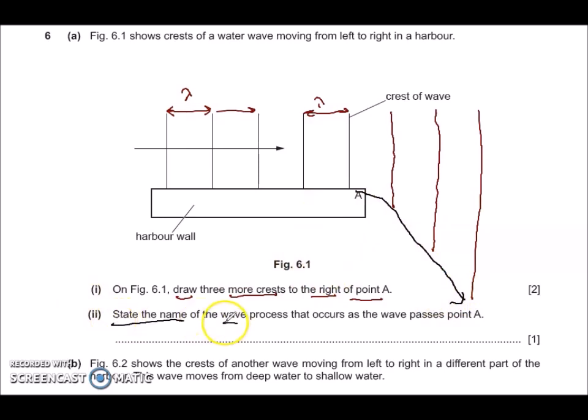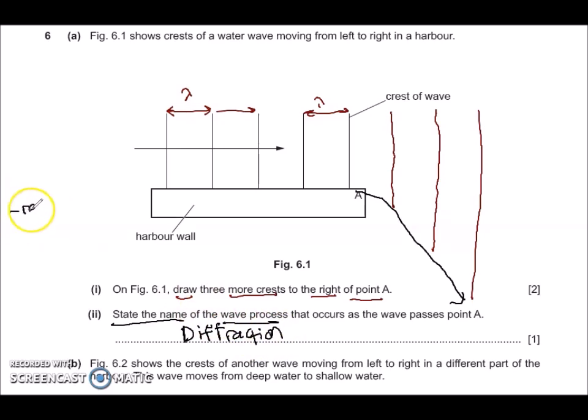State the name of the wave process that occurs as the wave passes point A. This one will be your process, diffraction. Remember the name, diffraction. In wave phenomena in total you have 4.